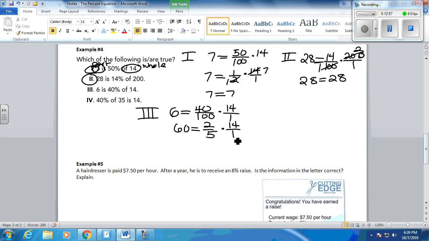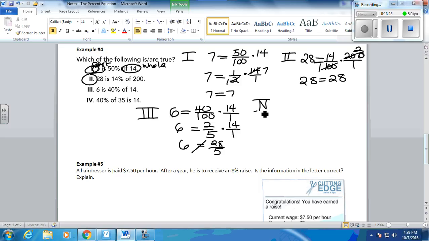So we're still continuing with a lot of our cross-canceling or reducing. That's not going away. I then am going to say 2 times 14 is, oops, I'm sorry, I'm writing 60 all of a sudden. Let me fix that. 6. So that's going to give me 28 fifths. And 28 fifths is not going to give me a whole number, so there's no way it's going to be equal to 6. So that one seems to be false.